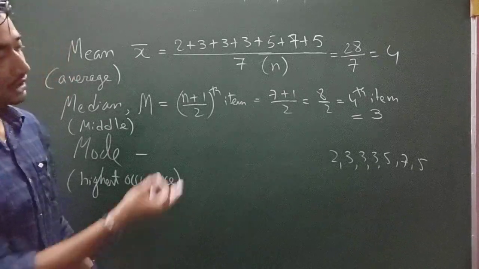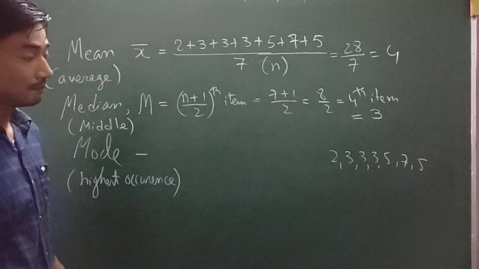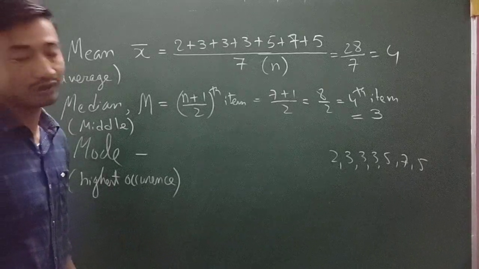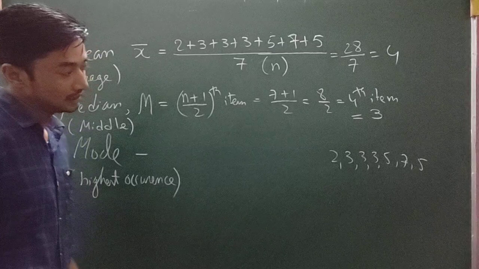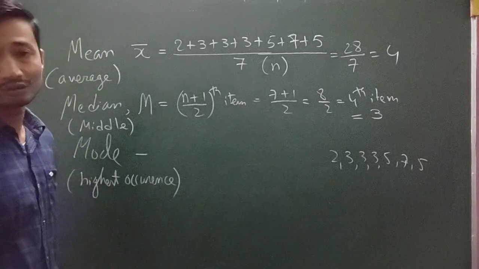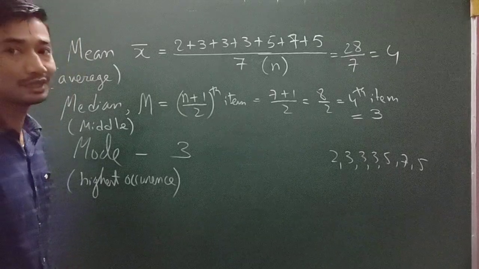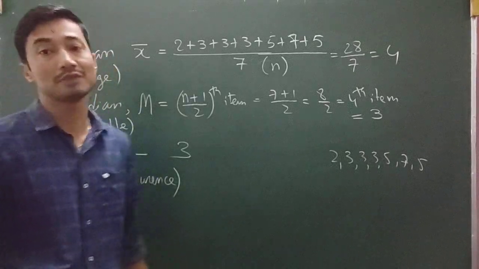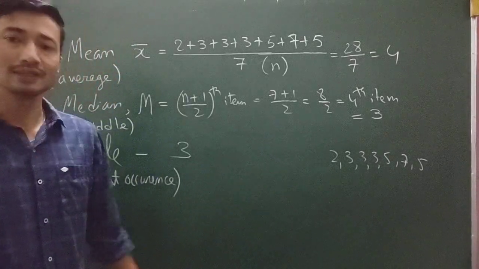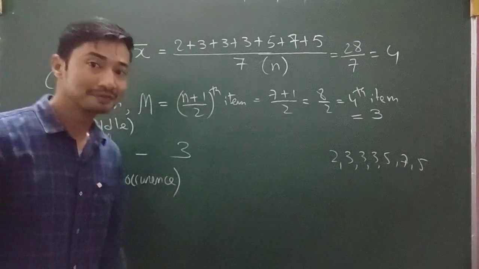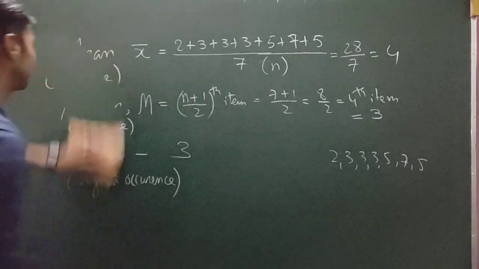You will see here that this student has scored 3 in most of the papers. So the mode here is 3 because 3 has occurred the maximum number of times. So let's say it's 3.